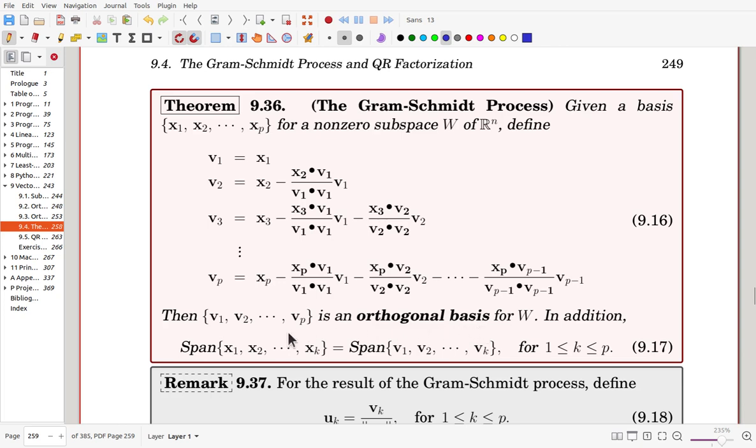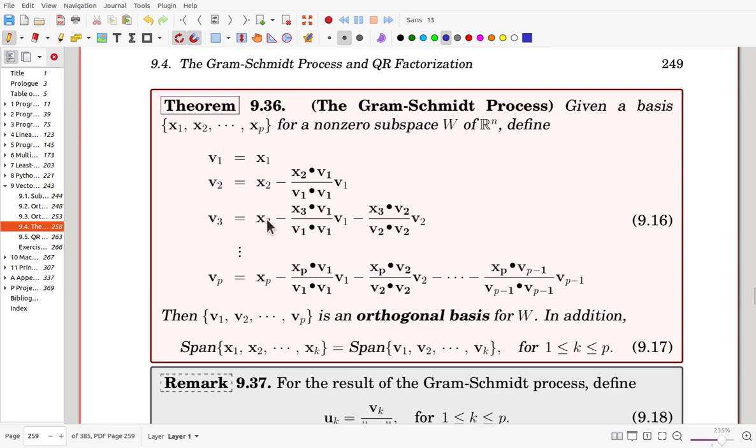In addition, now if we consider the subspace spanned by the first k vectors of x, and the first k vectors of v, these two spanned spaces must be the same. The span of x1, x2 and the span of v1, v2 must be the same because they are really linear combinations of earlier vectors only.